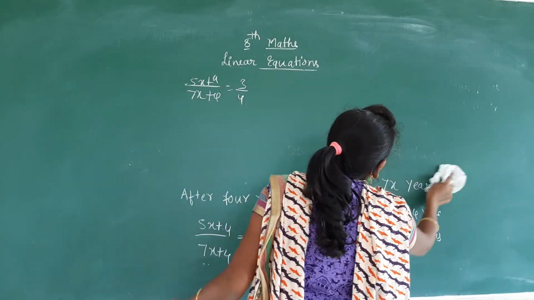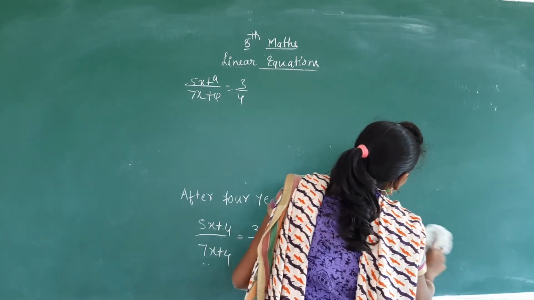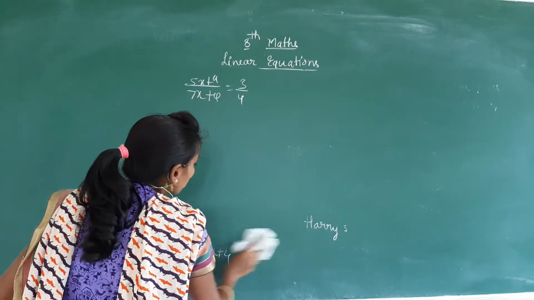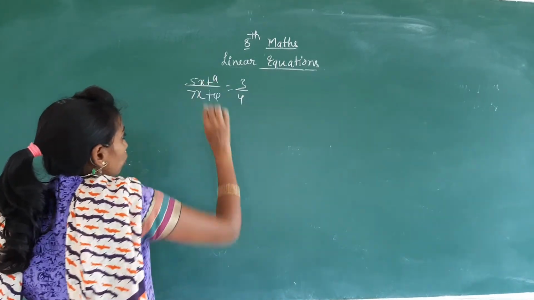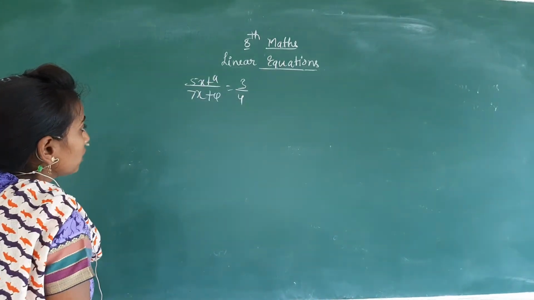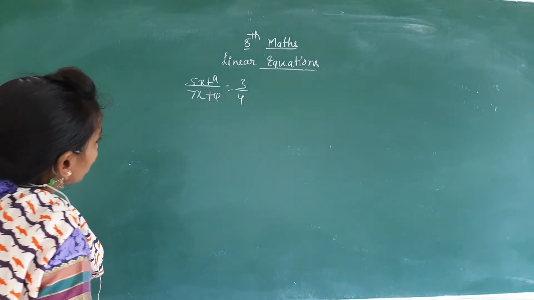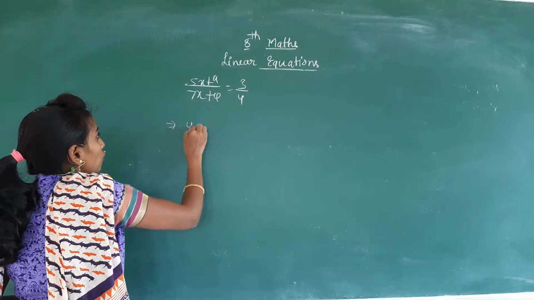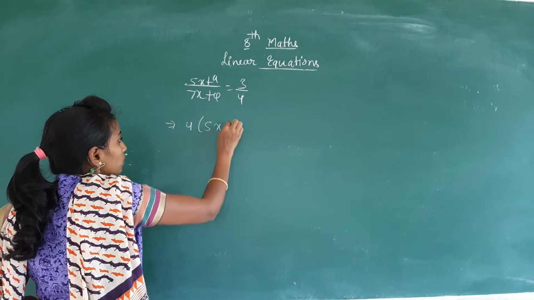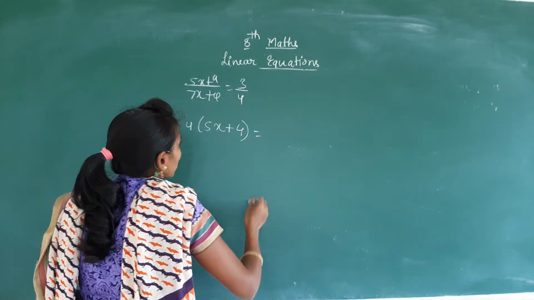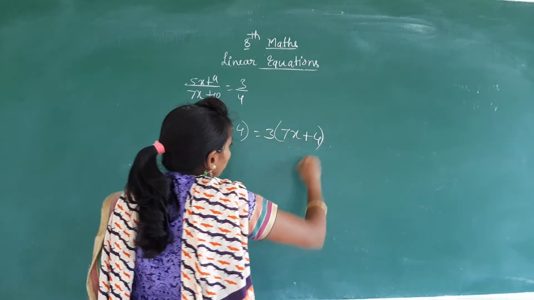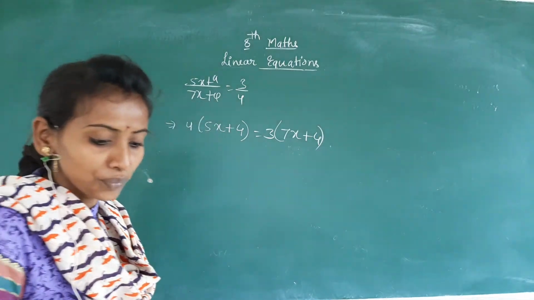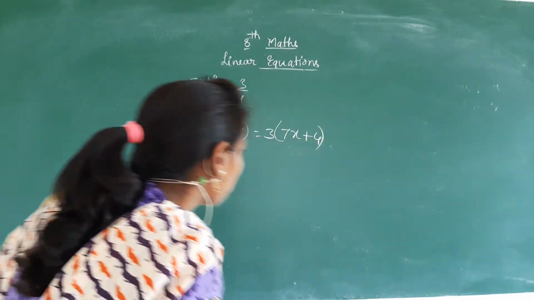We are reducing this to linear form. For that I am going to do cross multiplication. Means 4 will go to the numerator and 3 will multiply into the denominator. That is 4 into 5x plus 4 is equal to 3 times the denominator 7x plus 4. Now solve for x.